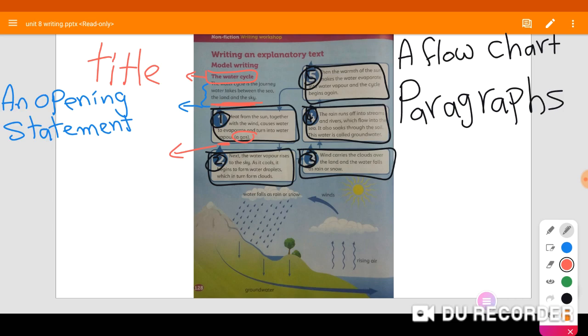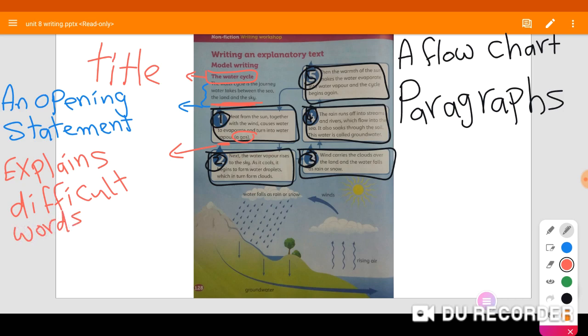You have to bring your pen or your pencil and underline these features with me, okay? So the 4th one will be explains difficult words.